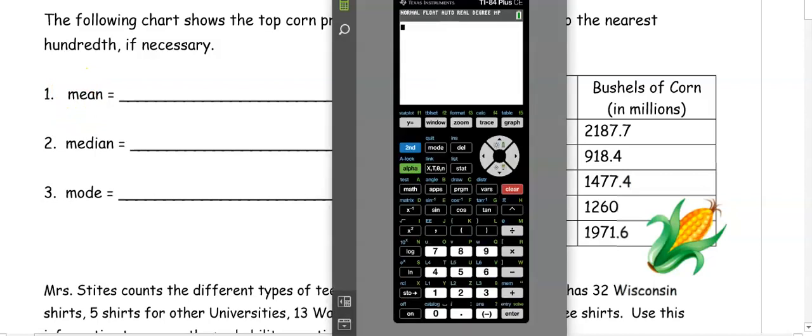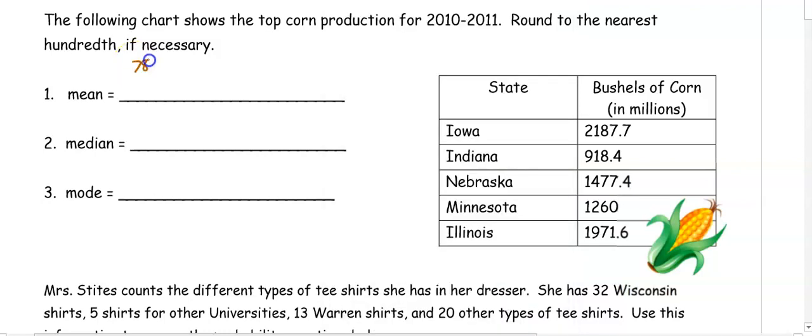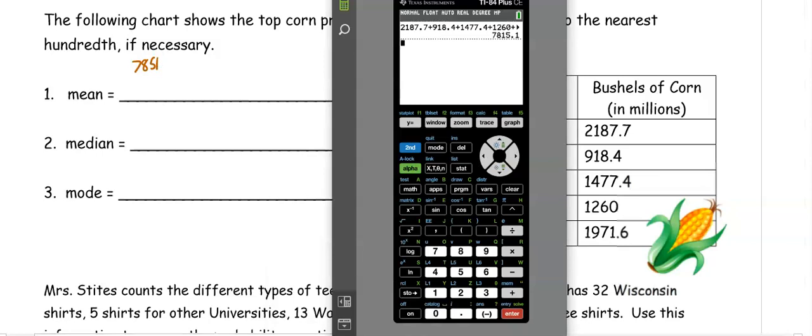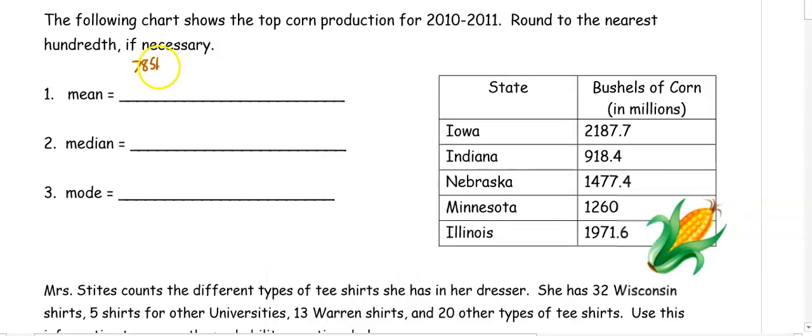So we are going to add up these numbers. Once we get our total, we are going to divide that by 5 because there were 5 different states that we have information on.